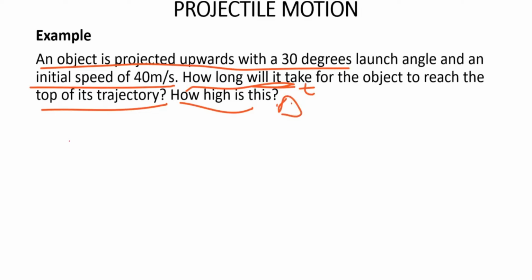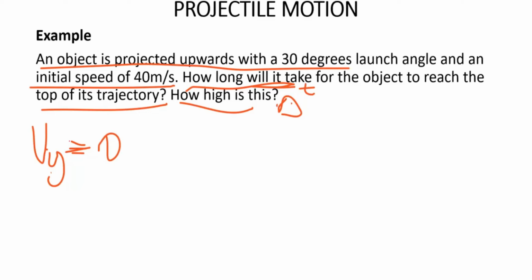Okay. When the object reaches the top of the trajectory, its velocity vector is horizontal. That is, Vy is equal to 0.